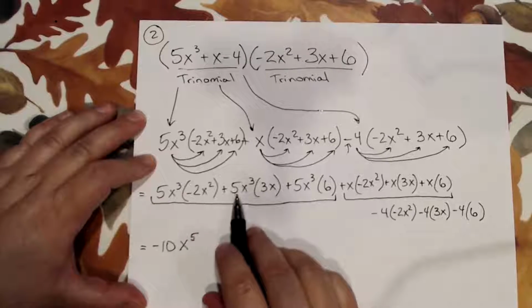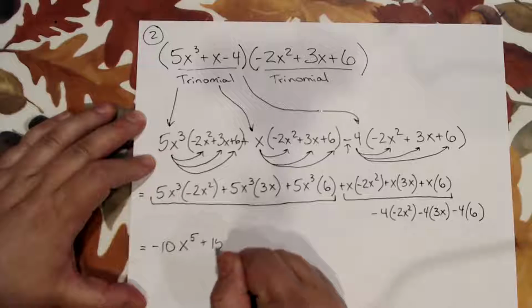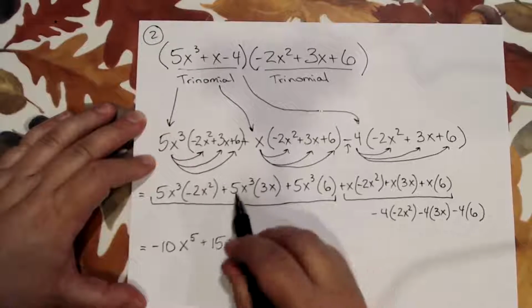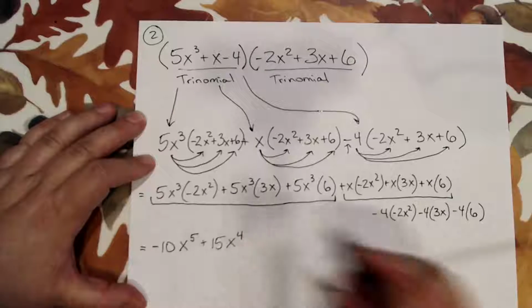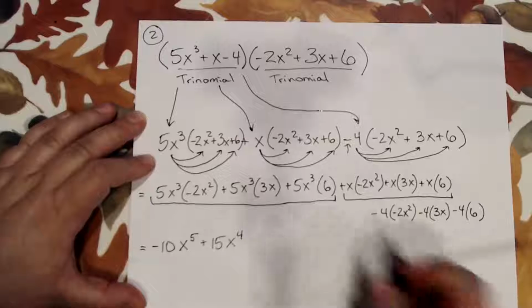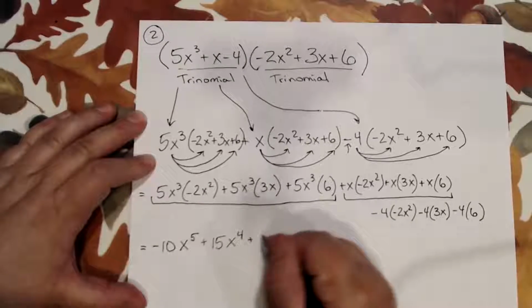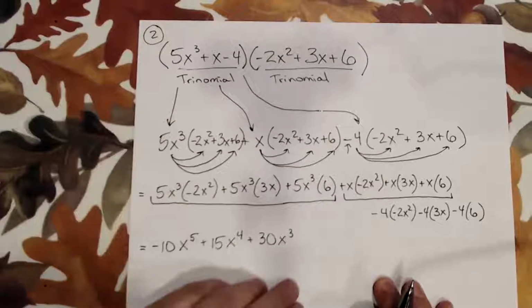Second term, 5x cubed times 3x. That's going to give me 15x to the fourth. And since I have 3 x's here, an x here, so 3 x's multiplied together times 1x gives us 4 x's altogether multiplied together. Last term, 5x cubed times 6. That's only going to change the coefficient. So I get 30x cubed.